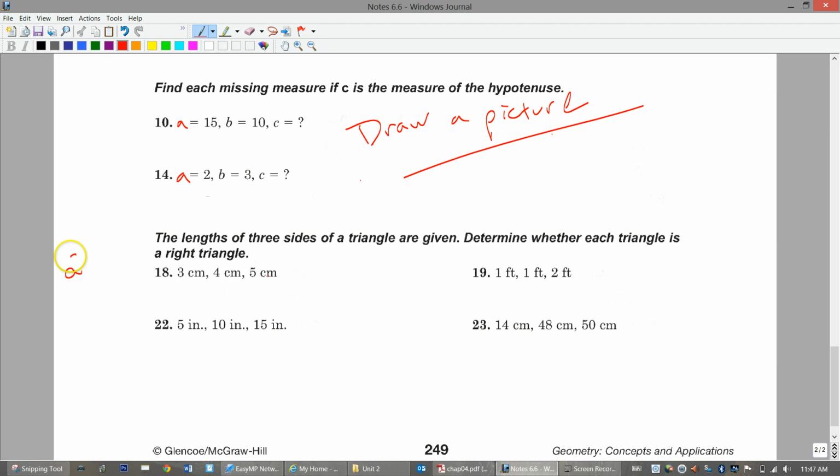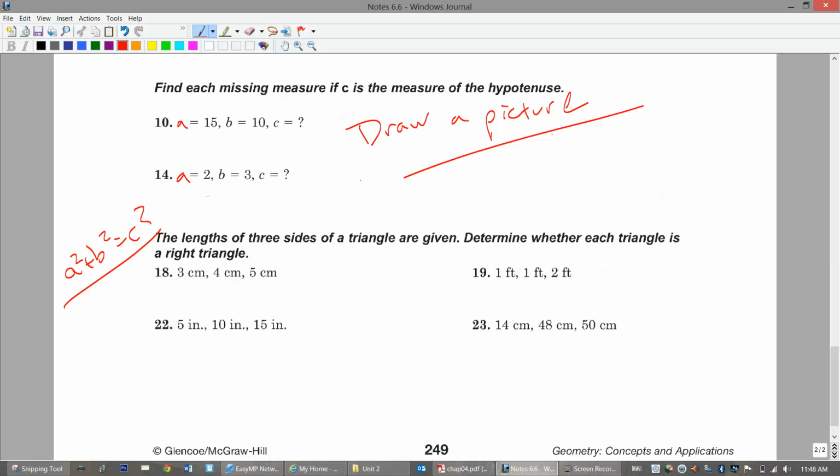If that does not equal each other, then it cannot be a right triangle, is the converse of that. So if we're checking if it's a right triangle, we check it in the Pythagorean theorem. If the Pythagorean theorem does not hold true for those side lengths, then it's not a right triangle.